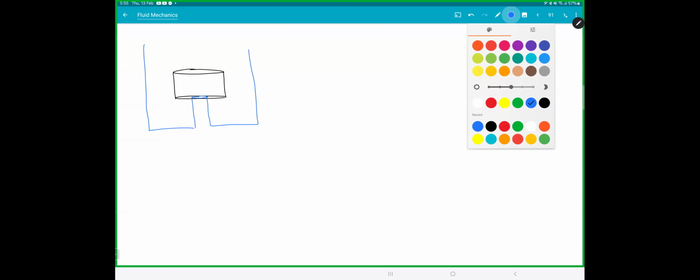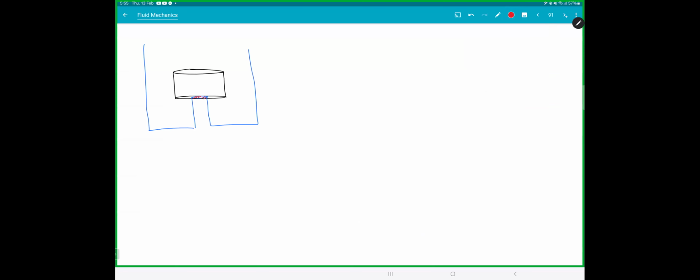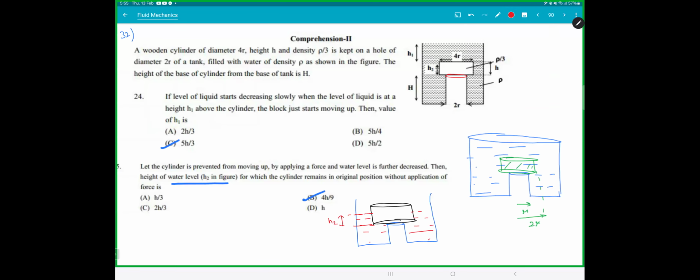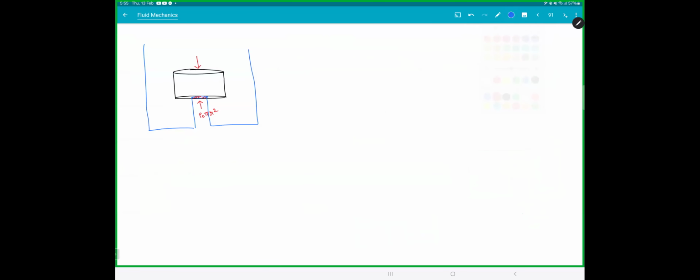So what are the forces? From the bottom in this part, the force will be P naught into pi r square. From the top, if you see the liquid is up to height h1, the pressure is P naught plus rho g h1, into area 4 pi r square.